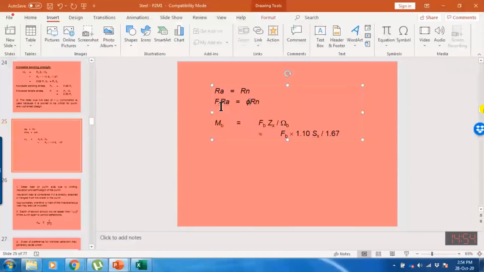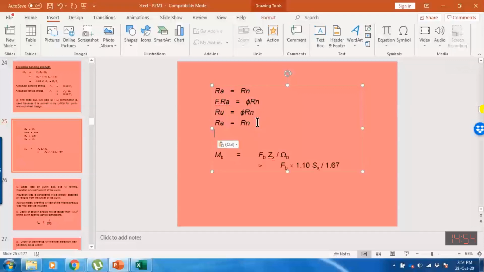So if you multiply F with RA, then this will be converted into RU. So RU, the factored load, is compared with the design capacity. But in ASD, this equation will be considered the same. In ASD, what we do is we use the service load as it is, and we divide the capacity by the factor of safety that we refer to as omega.